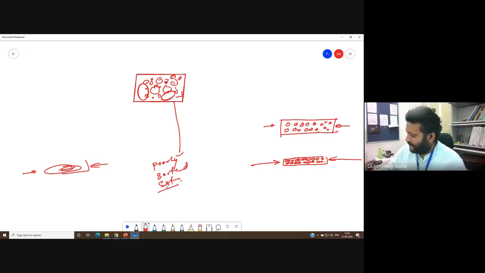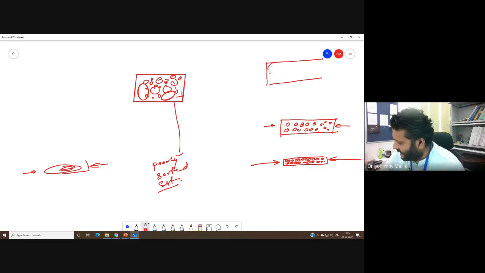Say for example, if I give you a box and ask you to pack these grains, what would you do? You will first perhaps put the larger grains, then you will put the medium sized grains, and then you will put the smaller grains. Okay, like packing a box. So what happens if it is poorly sorted?